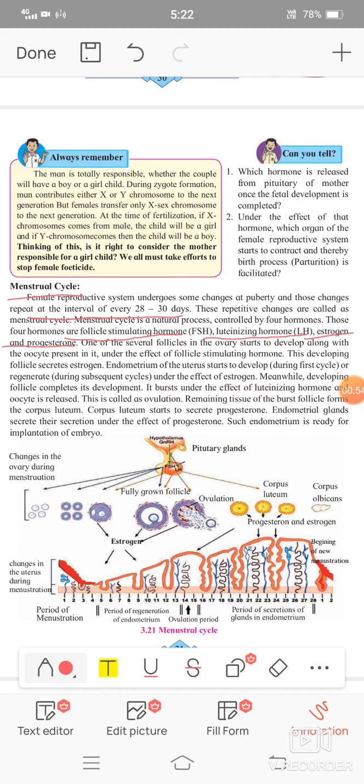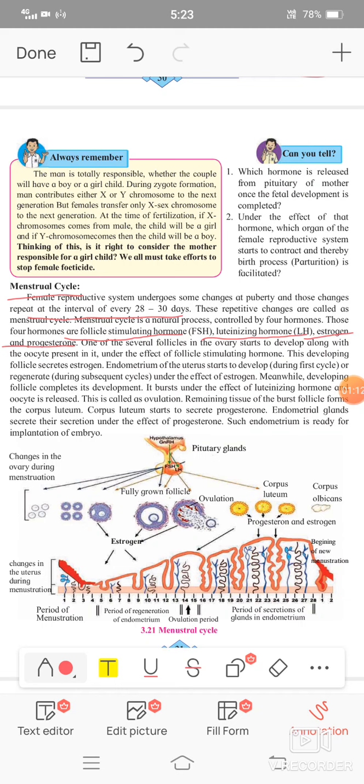One of the several follicles in every ovary starts to develop along with the oocyte present in it. Under the effect of follicle stimulating hormone, the ovary develops the oocyte. The developing follicles secrete estrogen.